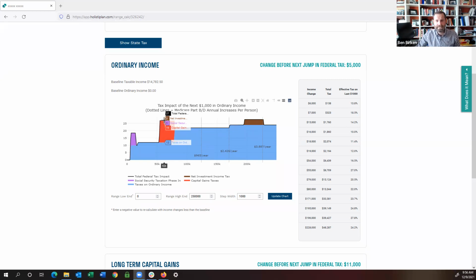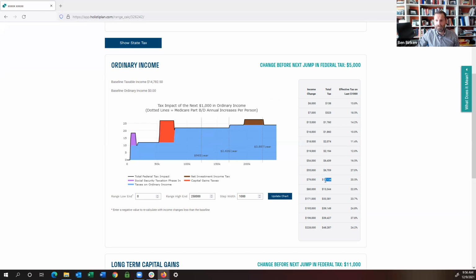Also, by its design, range calc is just telling you the tax rate of the next $1,000. You could actually, if you wanted to, say, okay, I've got a baseline ordinary income of 0. If I added $79,000 to my baseline ordinary income of 0, this table is telling me what the total tax will be.